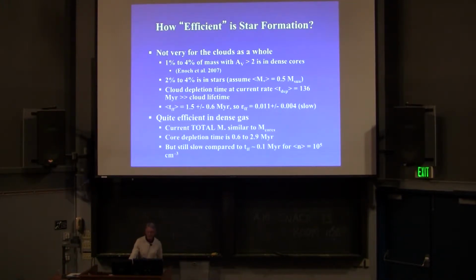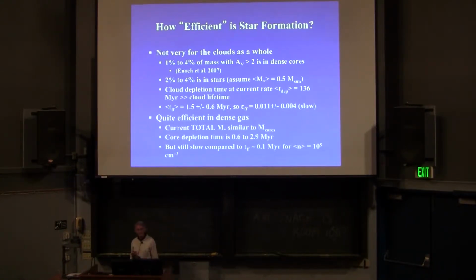On the other hand, if you look at the densest gas, and now I'm talking about the dense cores, if you just look at that top couple of lines there, you can see that there's kind of an equal amount of mass in the dense cores as there is in the stars. So once you get to the dense cores, the efficiency is reasonably high in that sense.